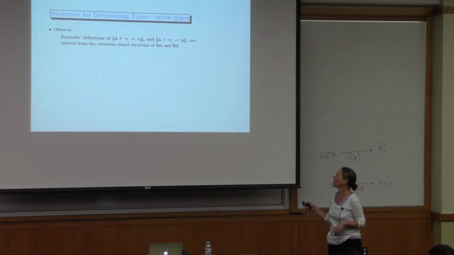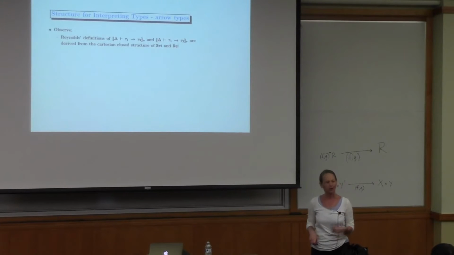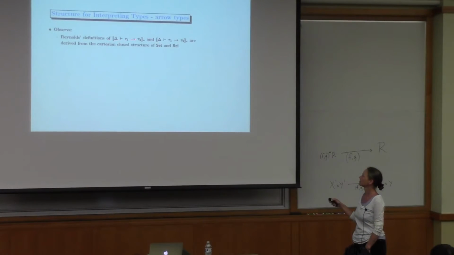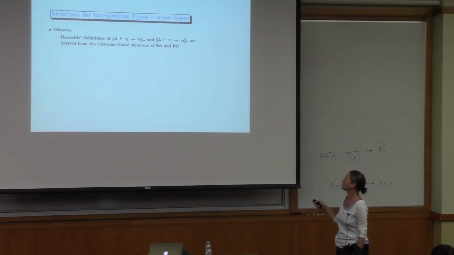Set, where Reynolds was doing his object interpretation, has products and exponentials, and Rel, where he was doing his relation interpretations, has products and exponentials. You need the product so you can interpret the context, and you need the exponential so you can interpret the arrow types.